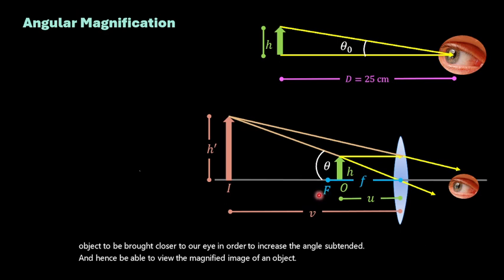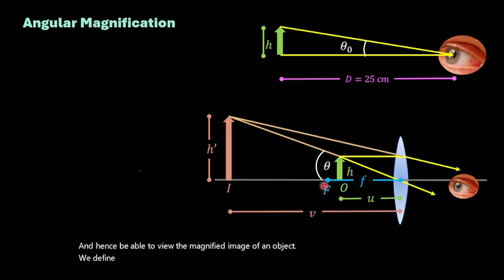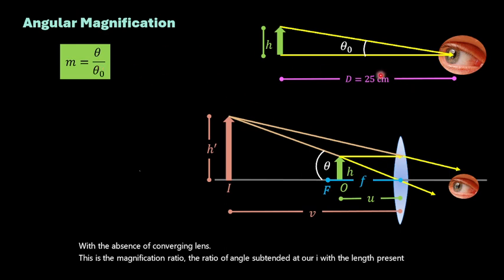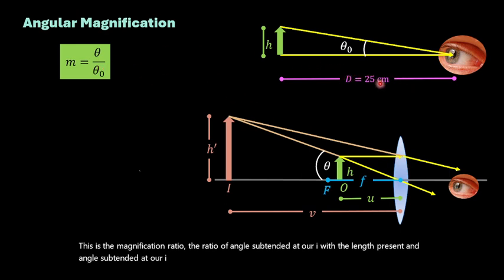We define angular magnification as the ratio of the angle subtended at our eye with the converging lens present and the angle subtended at our eye with the absence of the converging lens. This is the magnification ratio: the ratio of the angle subtended at our eye with the lens present and the angle subtended at our eye when the object is at the closest distance of distinct vision, which is theta 0.